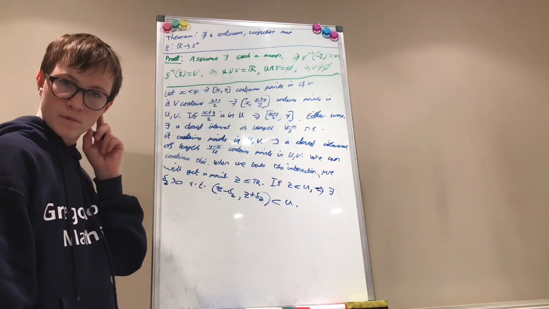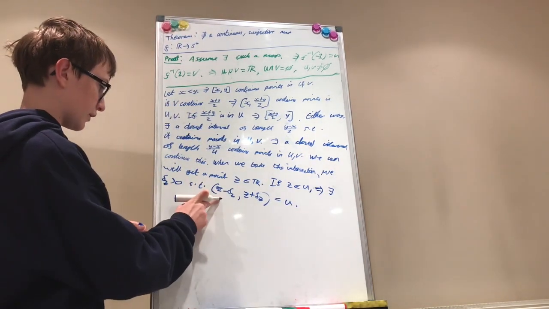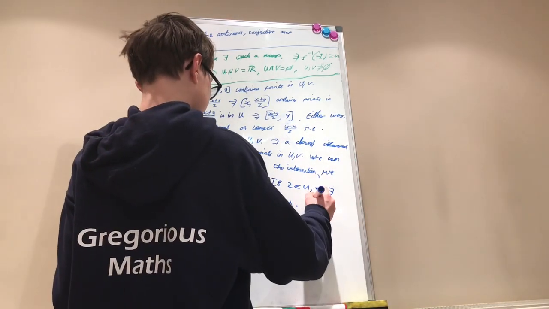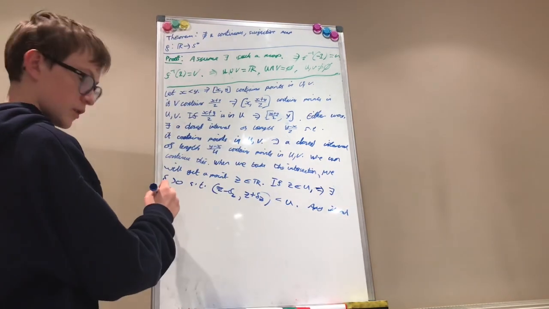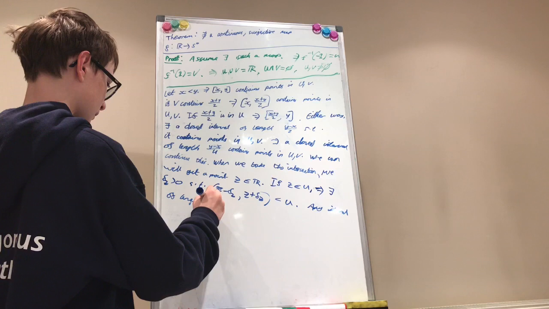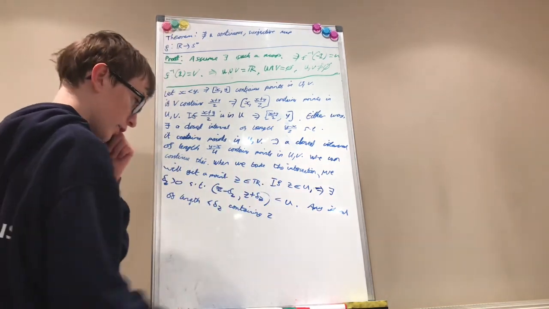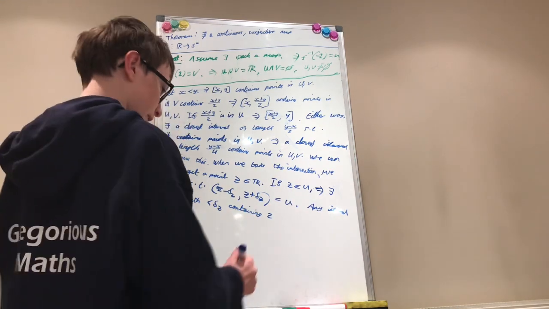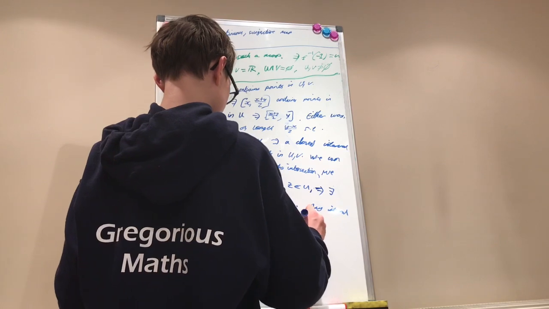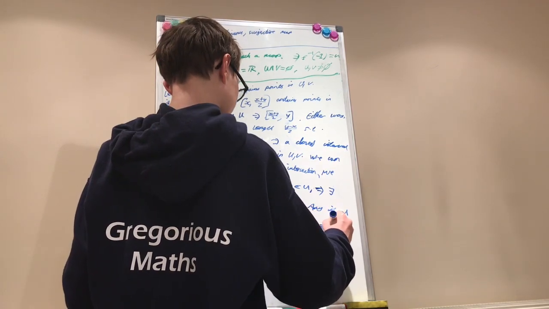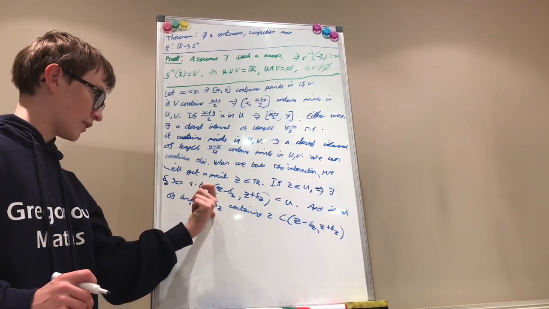So there exists a delta z such that any interval of length less than delta z containing z is contained in this open interval, z minus delta z to z plus delta z. But how long can this delta z be?